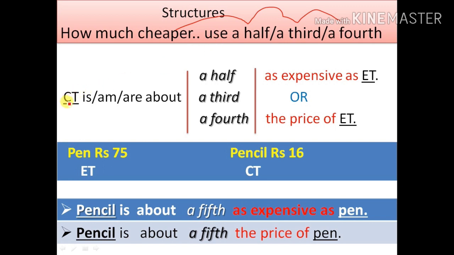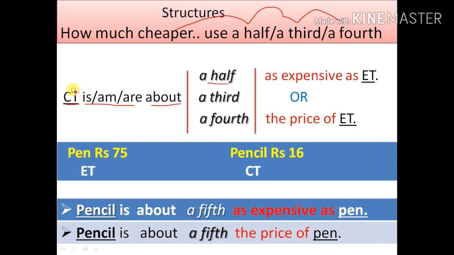So see, cheap thing is, am, are, about a half, a third, a fourth, as expensive as expensive thing or the price of expensive thing.